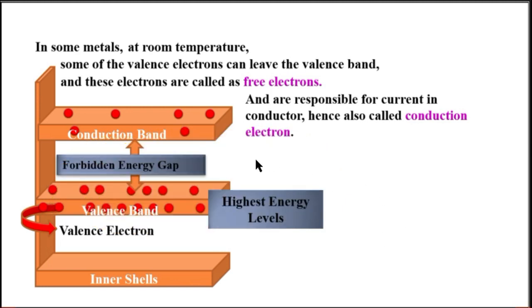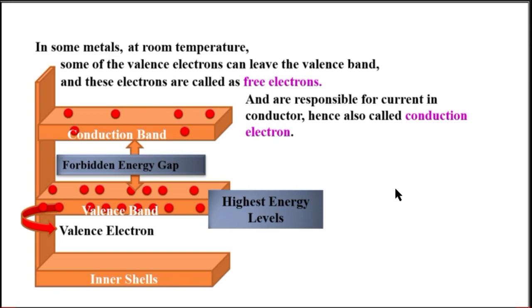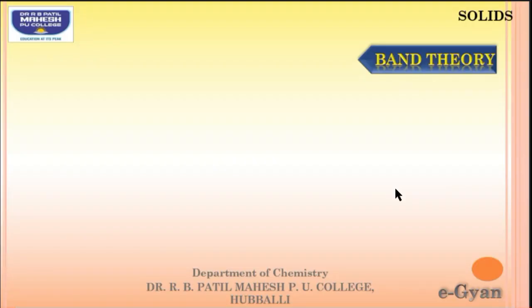Depending on the forbidden energy gap, there are three types of solids: conductors, insulators or semiconductors. Let us see, according to band theory, how these conductors, semiconductors and insulators are explained.